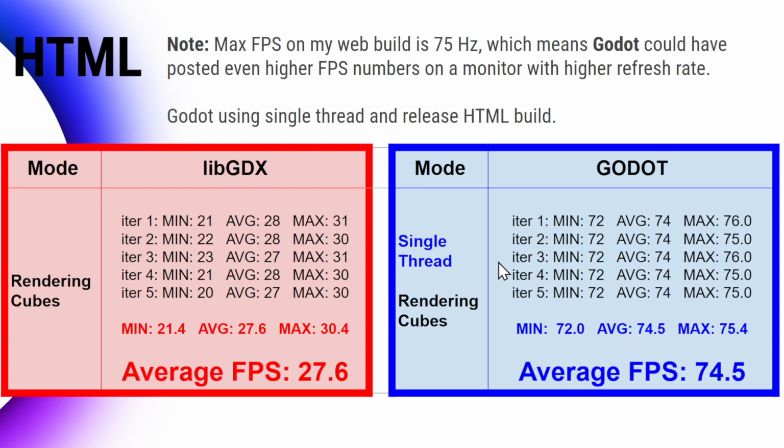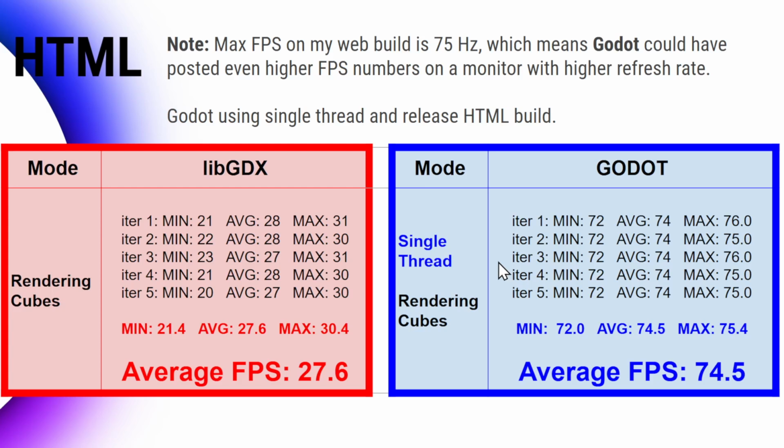I reused bodies. I did so much stuff to improve the performance. My original one was 11 FPS on his website, and I got it up to 27, so it's more than doubled. What I'm trying to convey is I'm not here to make libGDX look bad. I was actually working hard for libGDX to perform better, and it still didn't perform better.